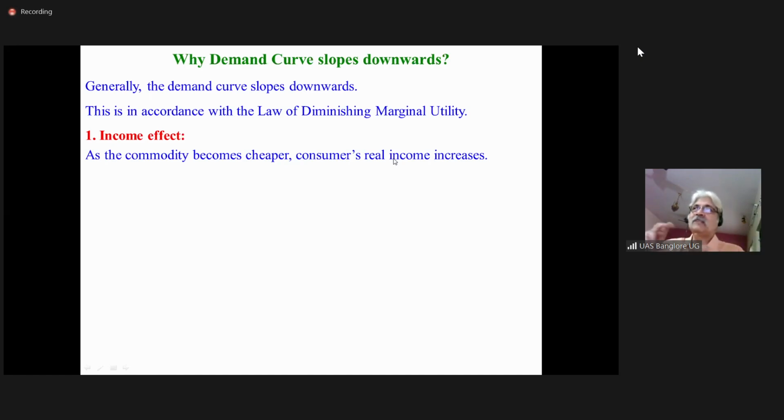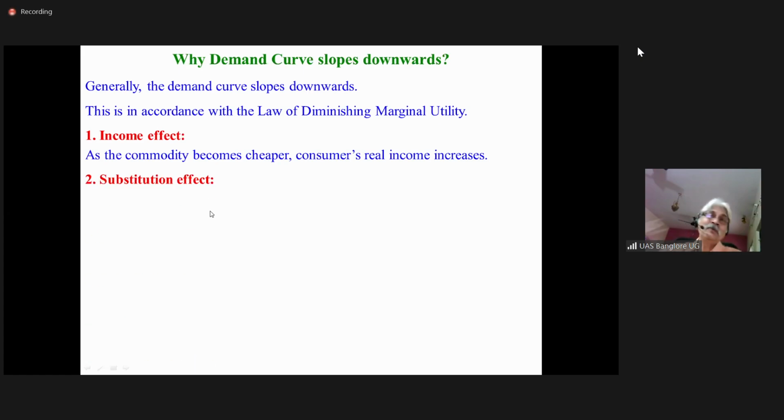You know the difference between real income and nominal income. So as the commodity becomes cheaper, the consumer's real income increases, because with the same level of wages, the same level of income, he can purchase more. So the real income increases. That is the income effect.